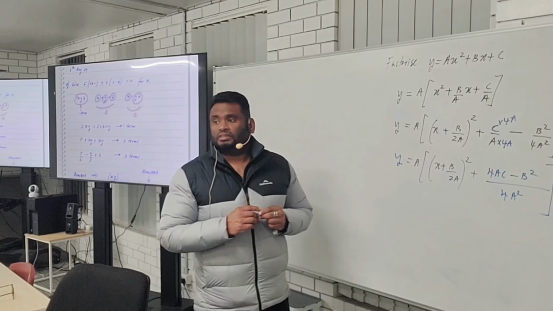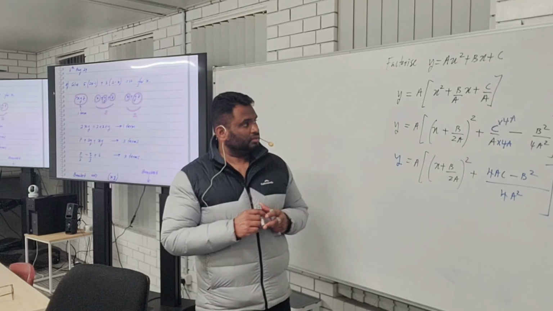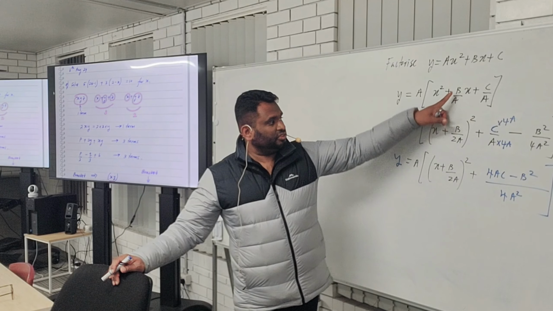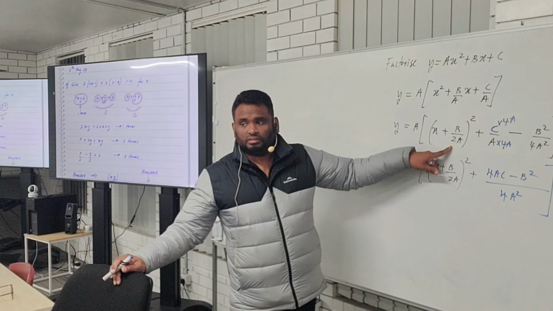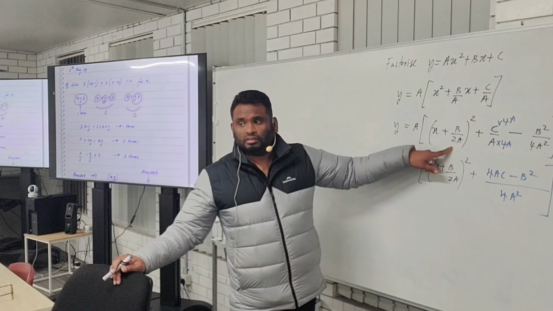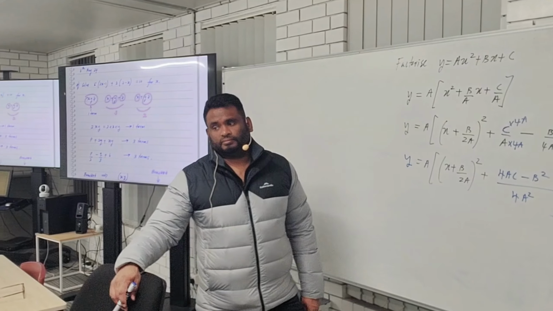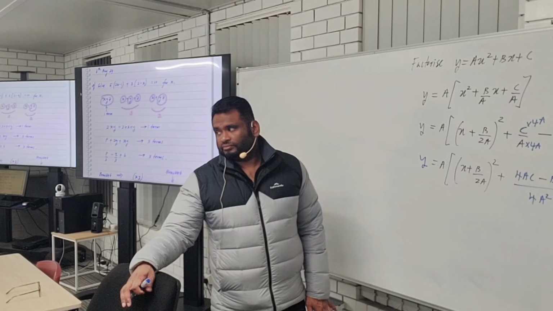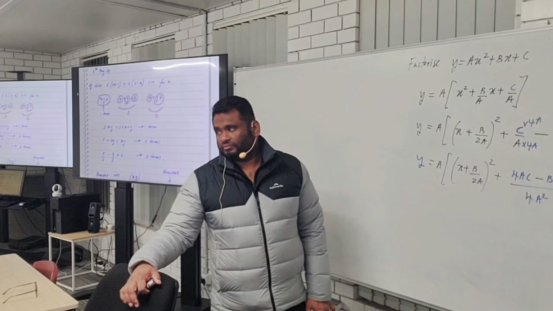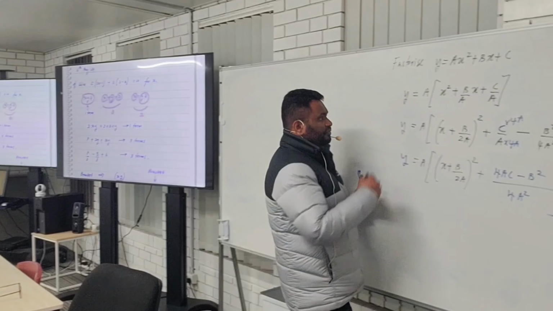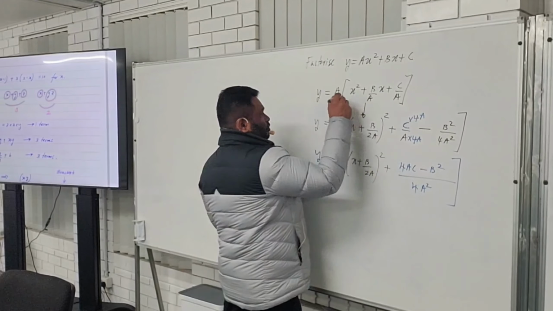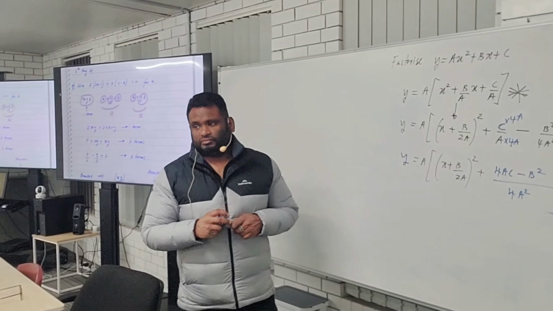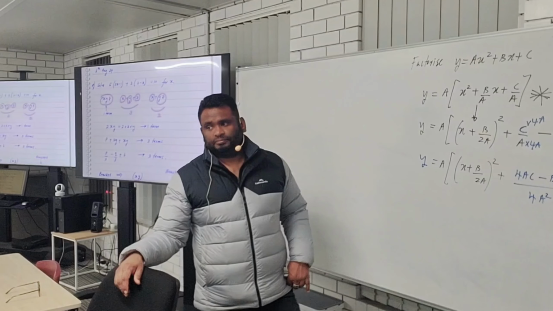Why do we get B divided by 2A? Because this is b divided by a. When you do the completing the square technique, this coefficient should be divided by 2 only, because you are doing the completing the square from here. There the coefficient is b divided by a.